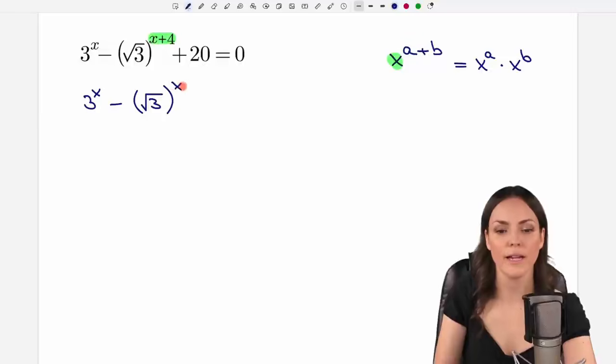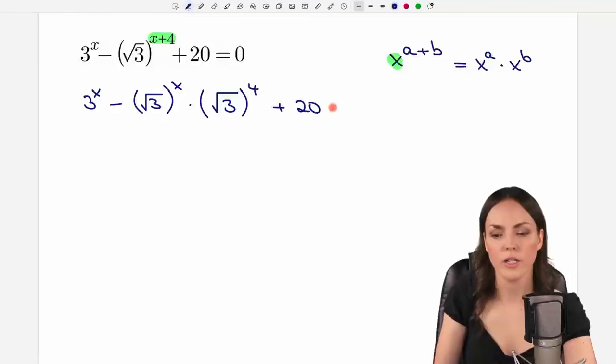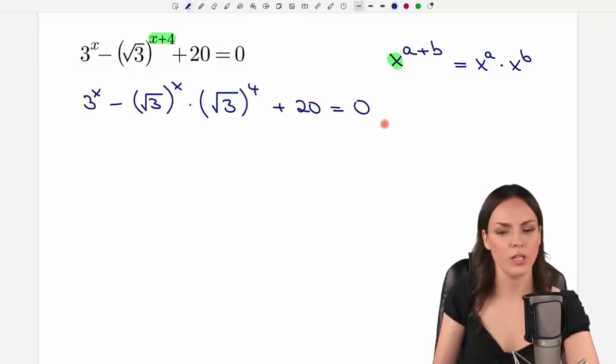We raise it to the power of x. And then we multiply it by, we take the base again, so this wonderful expression of the square root of 3, and then we raise it to the second part of the sum, so we raise it to the power of 4. Then we have the rest of the equation, and take a look at what we can do next.